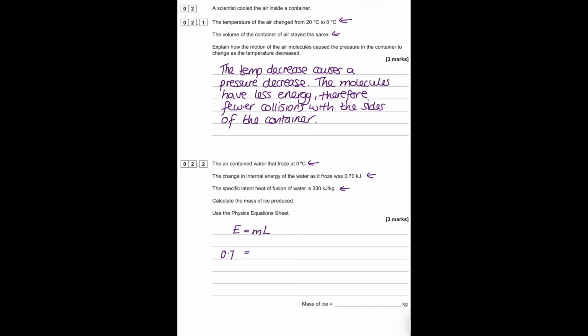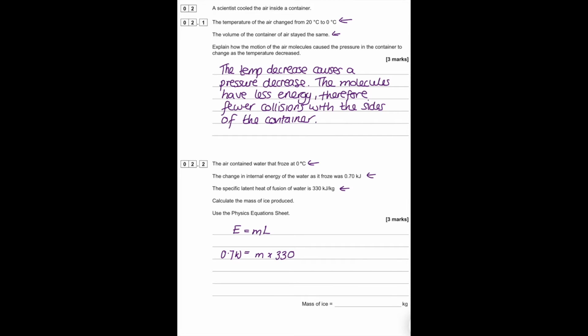0.7 kilojoules, and we will have our mass, which will be produced in kilograms, times our latent heat, which is in kilojoules per kilogram, so that is 330.